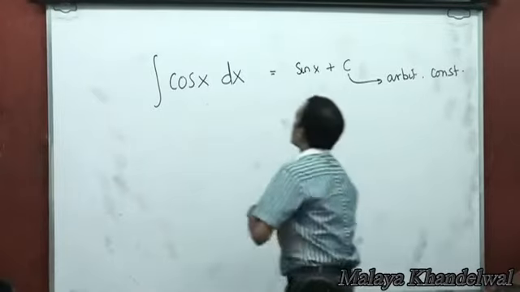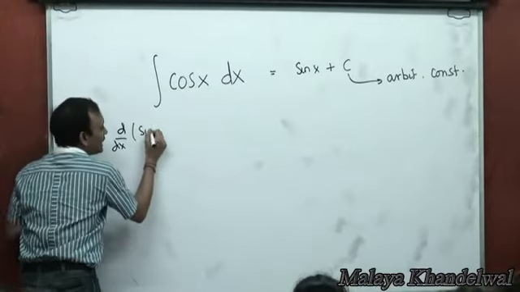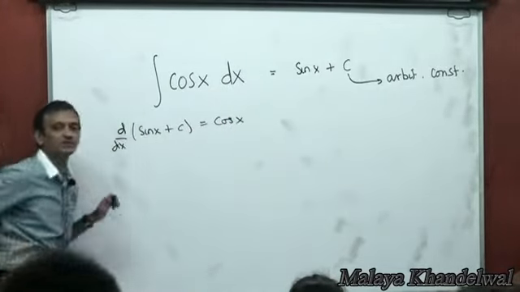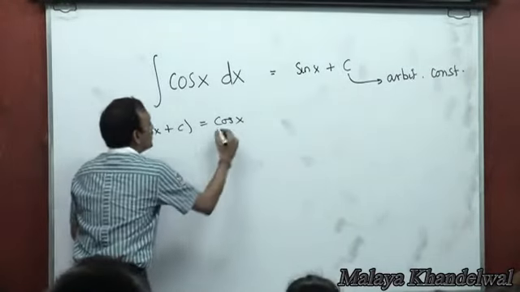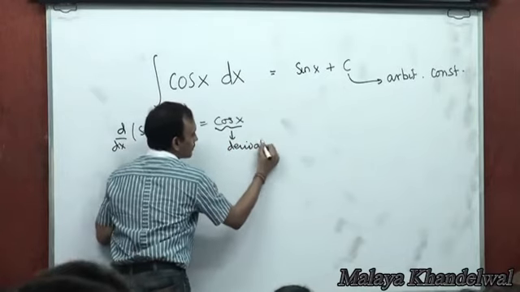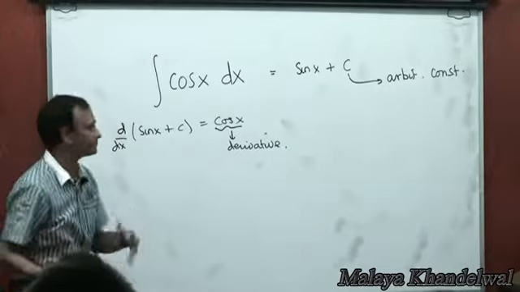When I write d/dx of sin x plus c equal to cos x, this is called the derivative. The output obtained out of differentiation is called the derivative.